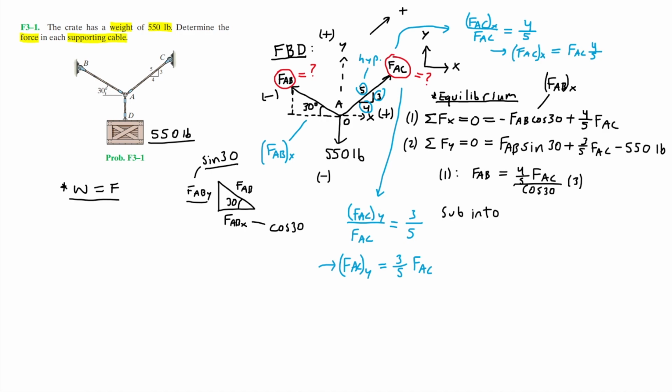Now we simply sub FAB into equation 2. That's going to be 4/5 FAC over cosine 30 times sine of 30 plus the 3/5 FAC minus 550, and this equals 0.